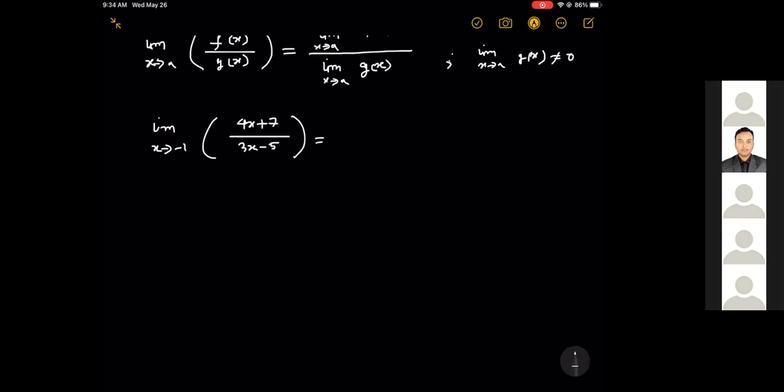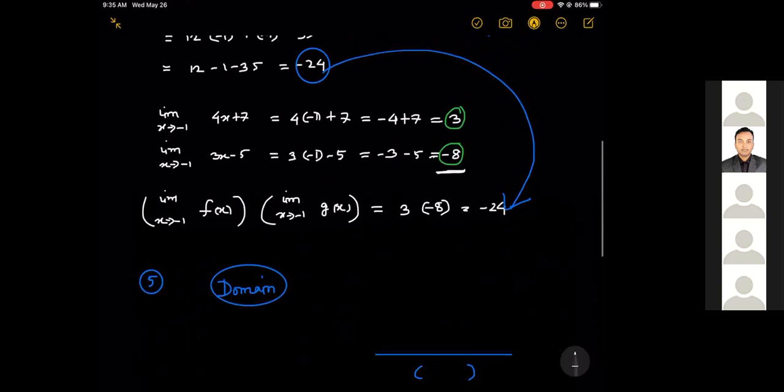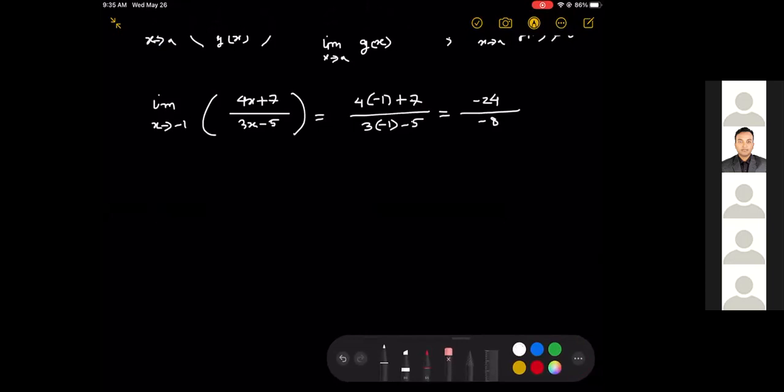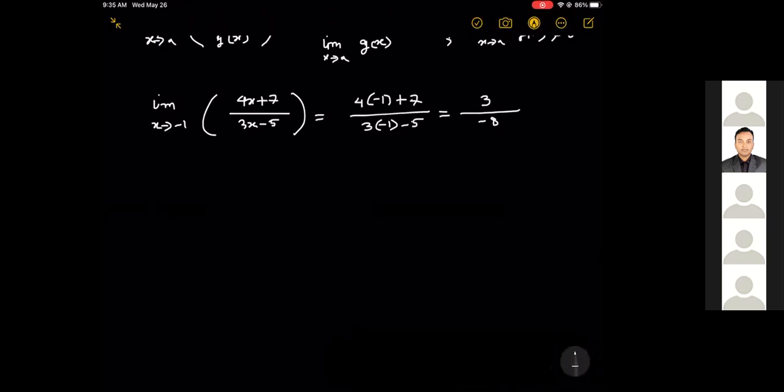So if we plug in -1, let's see what happens. We already know the values, don't we? It's -24 and -8. We have already calculated it here. Oh, sorry, +3 and -8, my bad. It's actually +3 and -8. So that means it gives us -3/8.